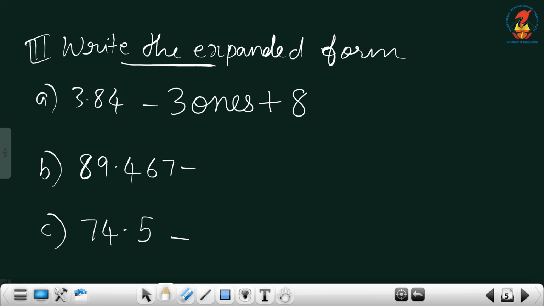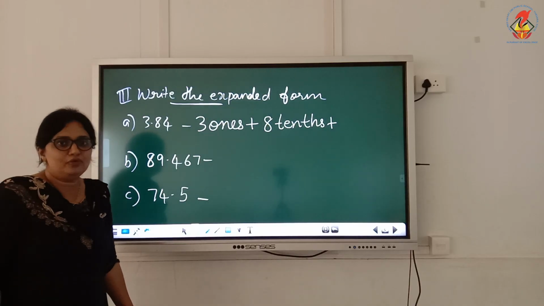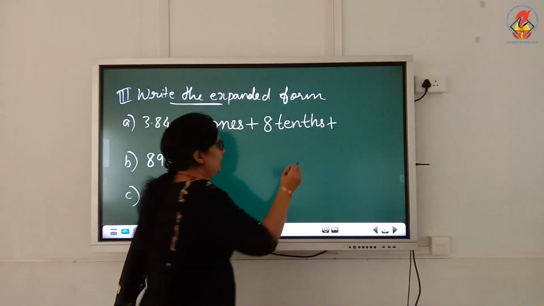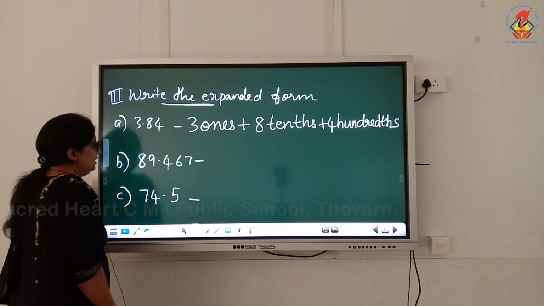So we need to write 8 tenths, plus 4 is in which place only, children? That 4 is in the hundredths place only. So we need to write 4 hundredths, not hundreds, hundredths.